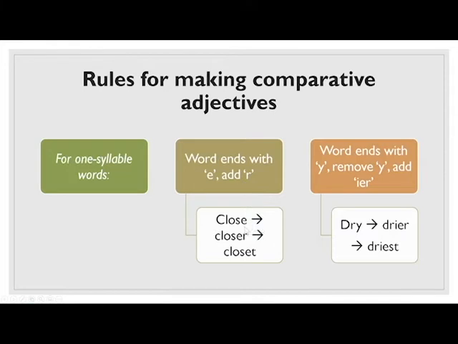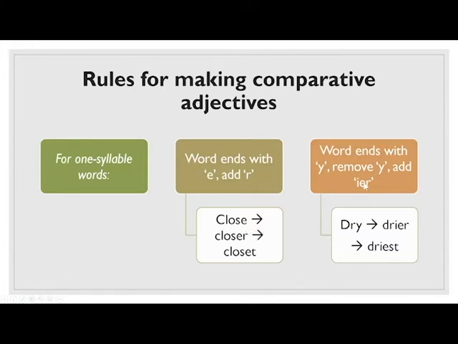For example, close, which is something near. Close is an adjective, the comparative form would be closer, and the superlative form would be closest. That's misspelled in there, there's an S missing.